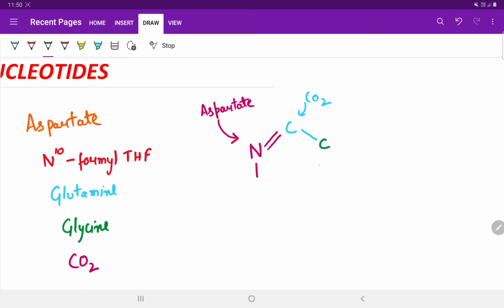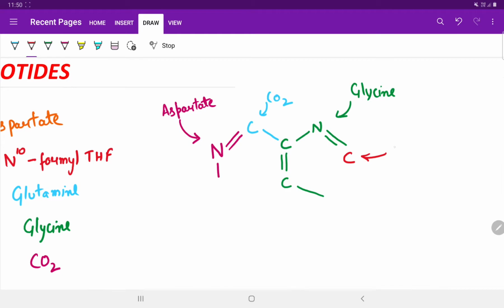Apart from this, this particular moiety is provided by the glycine molecule, whereas this carbon atom is provided by the tetrahydrofolate, N10-formyl THF.